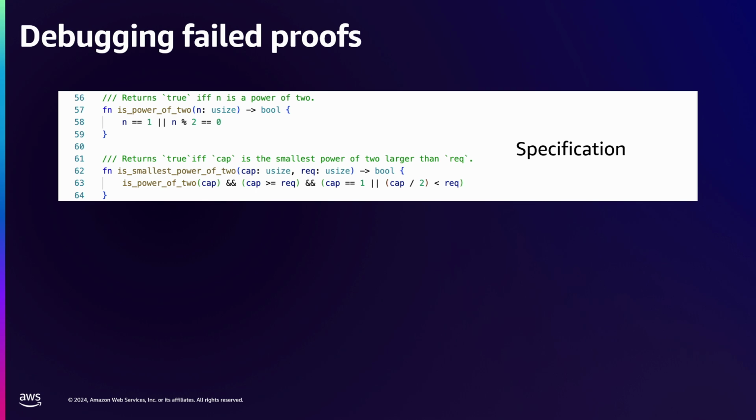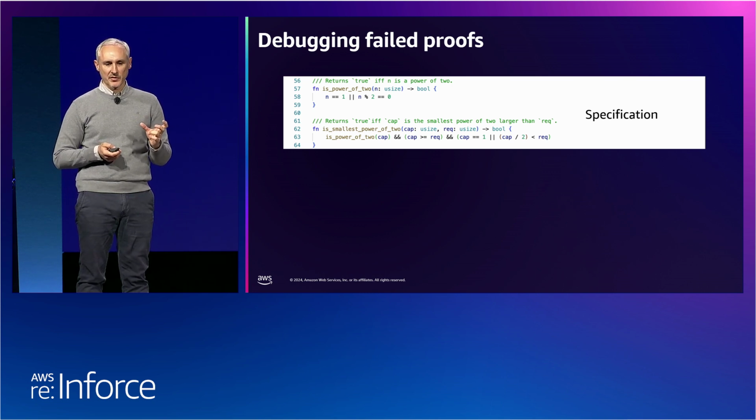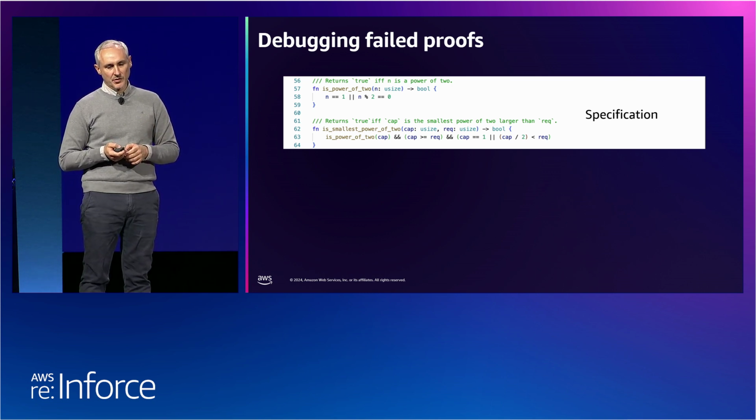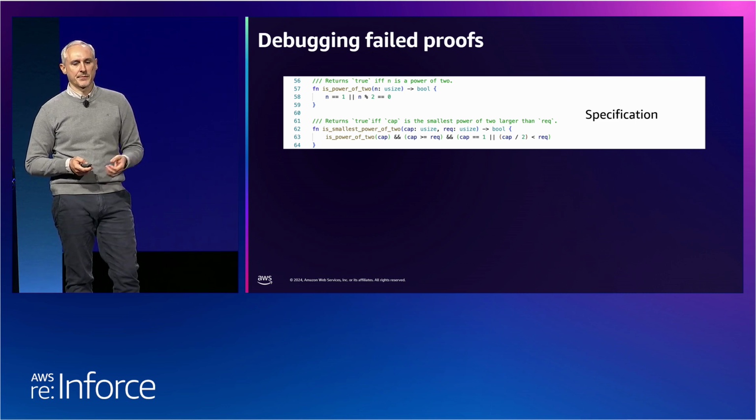And so you're going to write a check that takes the initial capacity, the requested size and the resized capacity, and you're going to check that it actually satisfies the property you want for any possible values. So the capacity should be a power of 2, it should be greater than or equal to the requested capacity, and if you divide it by 2, or if it's 1, then it should be smaller than the requested capacity, which shows that it's the smallest power of 2 you could have used. And that's the correctness criteria for your resize function.